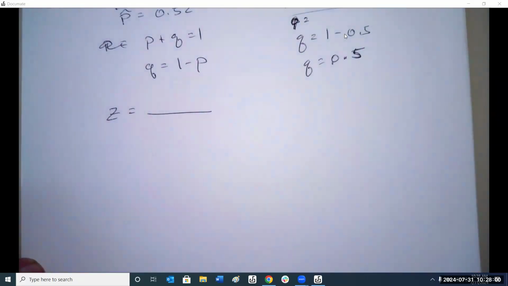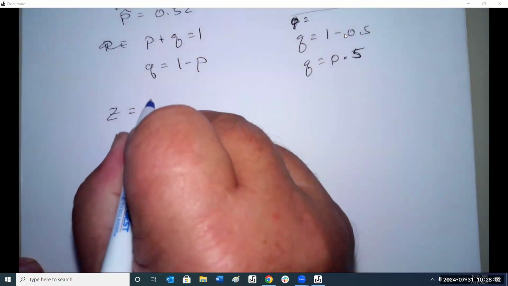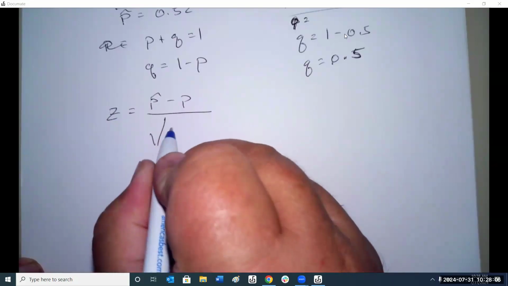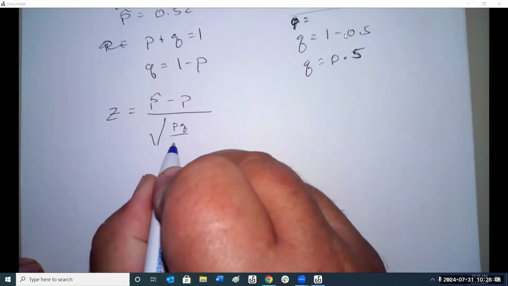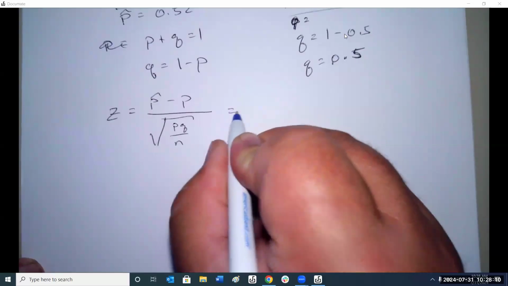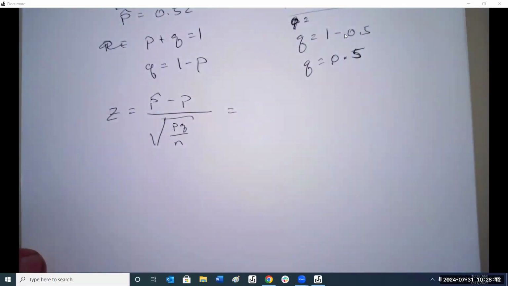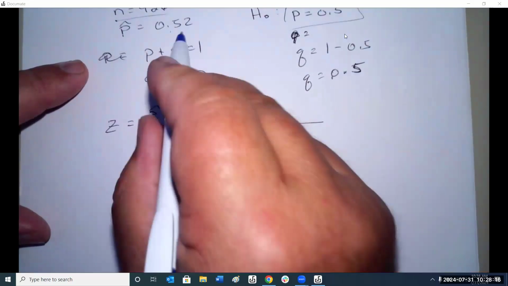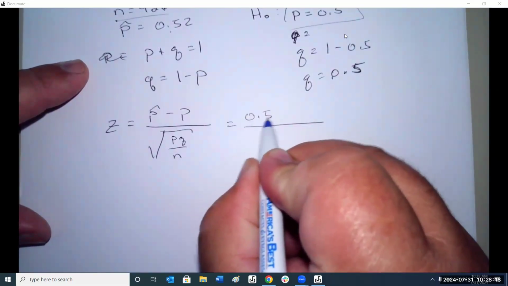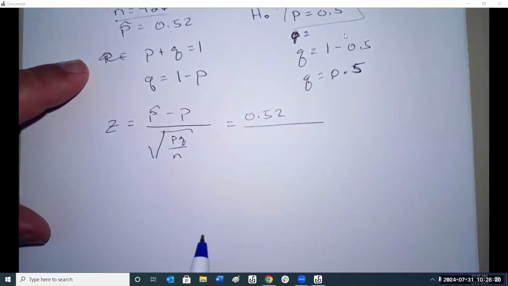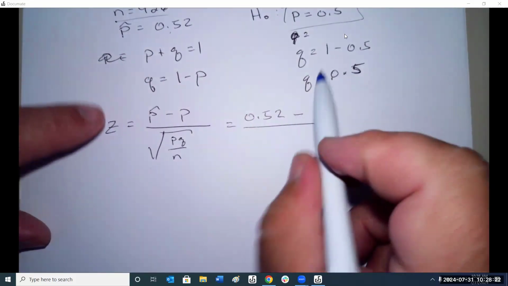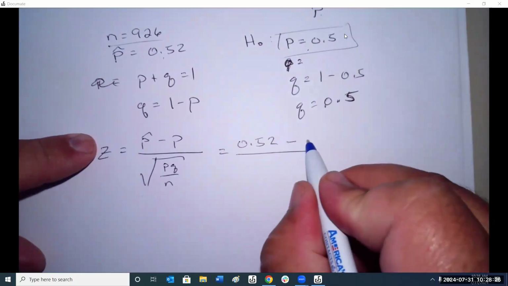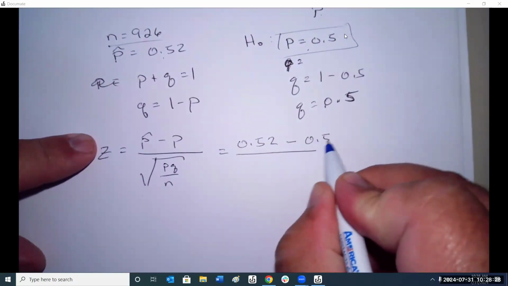Our formula for z was p hat minus p over the square root of p times q over n. Our p hat was 0.52 minus our population proportion, which is 0.5.